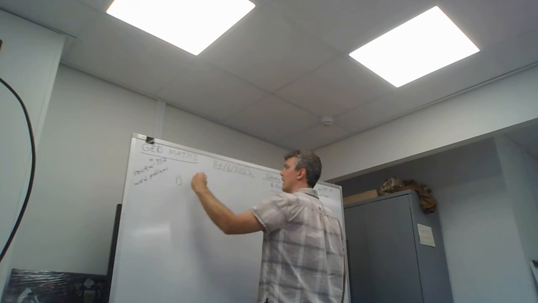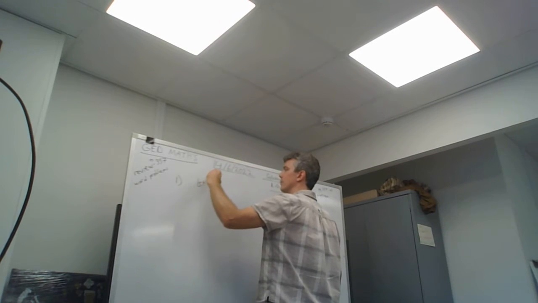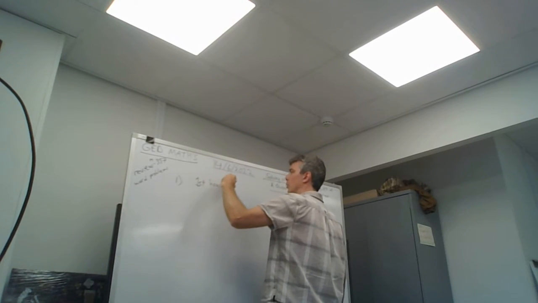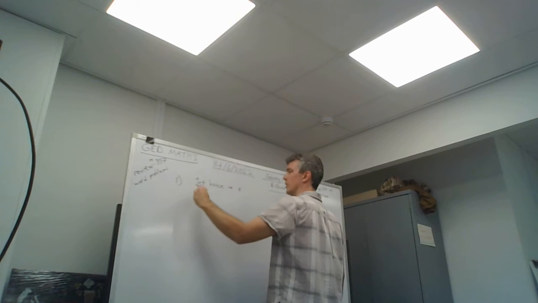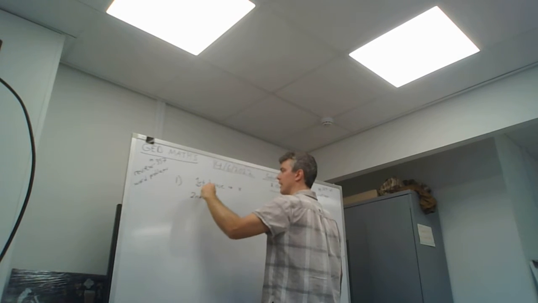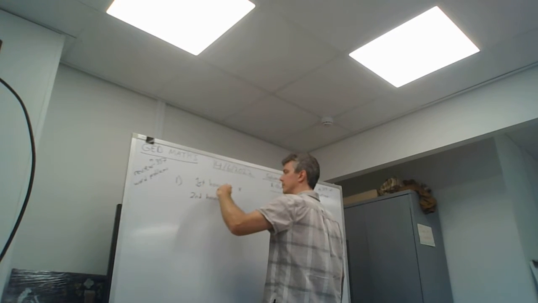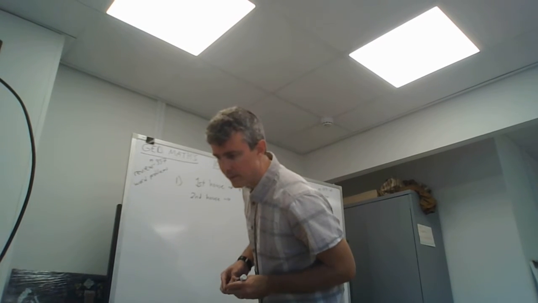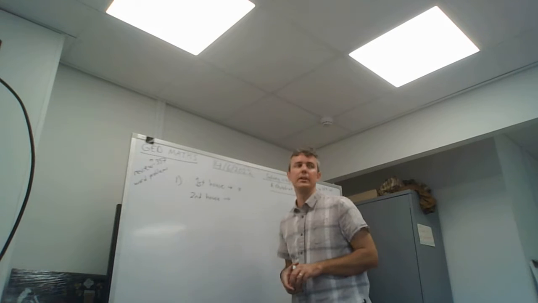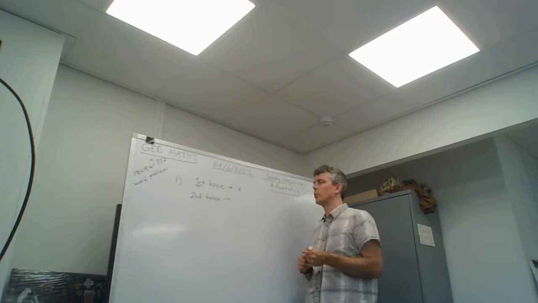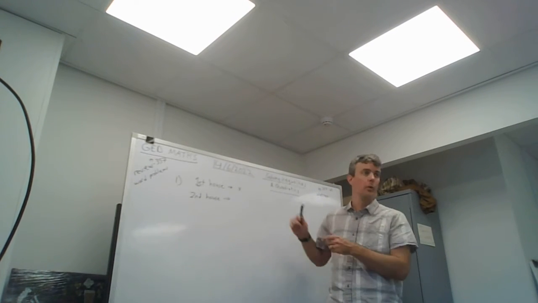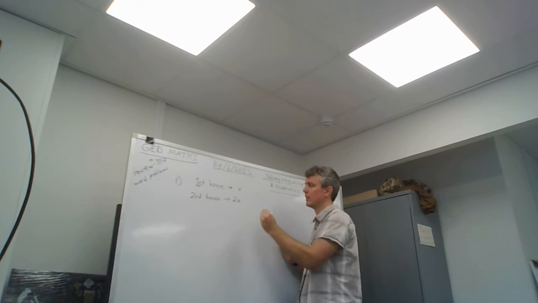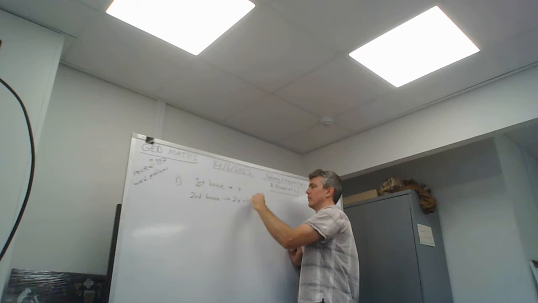So the first house will be x. And the second house, what does it say? It's 1,000 less than twice the square feet of the first one. So what is twice the square feet? 2x, that's right. 2x, and it's 1,000 less, so minus 1,000.